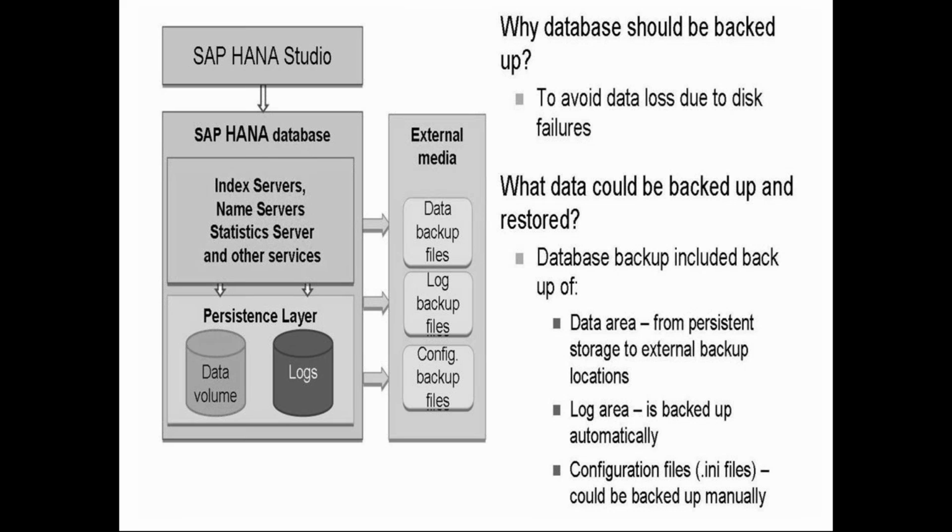We know what the persistency layer is, your disk storage, which we already discussed in detail in our architecture class. And you know that the persistency layer, the disk storage, is separated into two parts, data volumes and log volumes. So you have to take a backup of both. You need data volume backup, you need log volume backups.